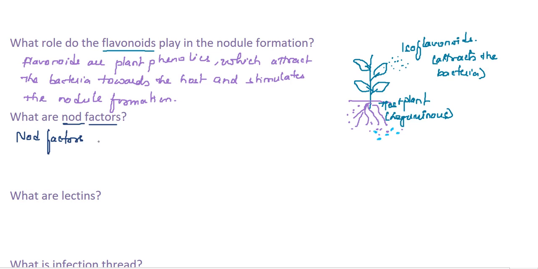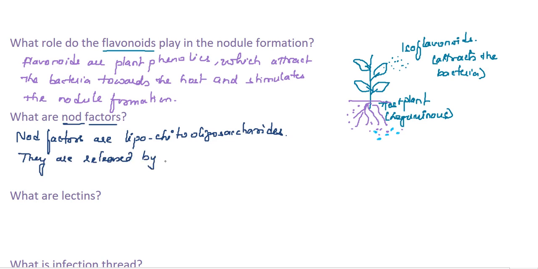These nod factors are lipochitooligosaccharides. These nod factors are released by the rhizobium bacteria, by rhizobia.